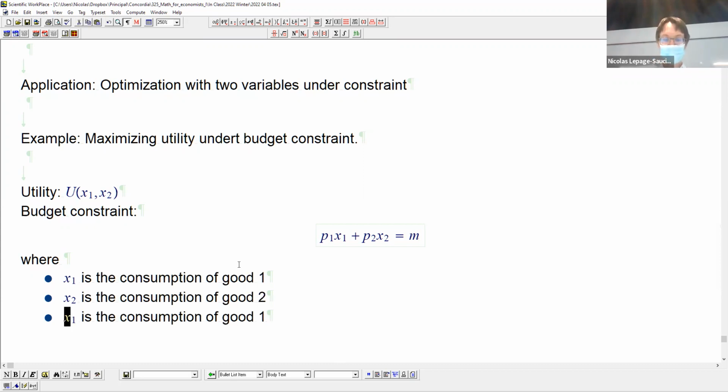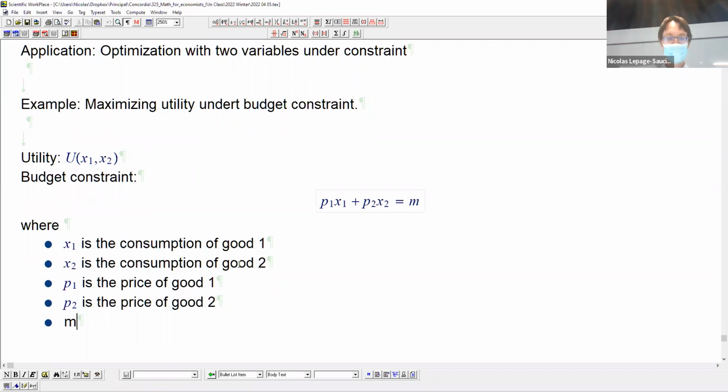P1 is the price of good 1, P2 is the price of good 2, and N is the income. If we were more advanced, we would write something like smaller or equal, because we could decide for some weird reason to throw money away. But we know that people are not going to throw money away, so we can just write an equal sign. That makes things simpler.